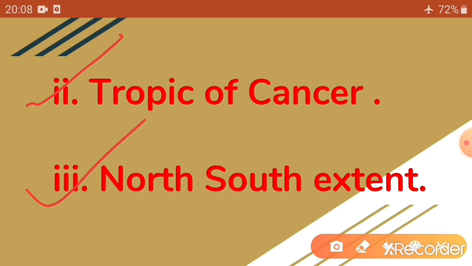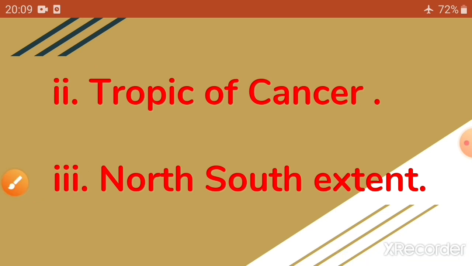How we did east-west extent, same way you're going to do north-south and mention the kilometers. All this map is there in your textbook, geography textbook, lesson number 1 if I'm not wrong. Okay, and even in your activity book you will get these maps. Okay, so children, you all are going to do these maps, fill in all the details.